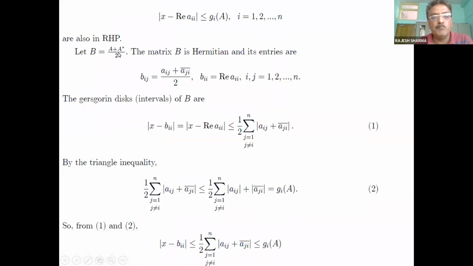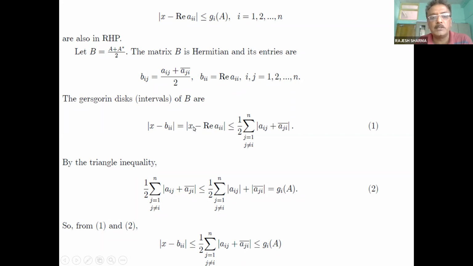Now we consider the matrix (A + A*)/2 and write it as B. The entries are b_ij = (a_ij + conj(a_ji))/2. So the diagonal entries are the real part of a_ii. And as shown in the figure, this interval, |x - b_ii|, where b_ii is the real part of a_ii, is less than or equal to this.